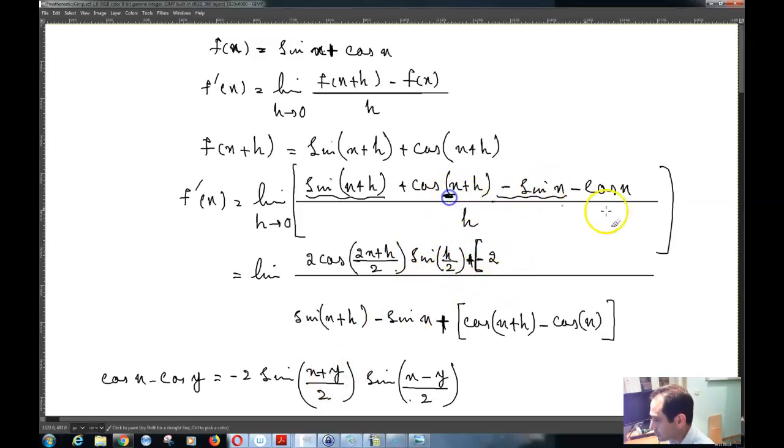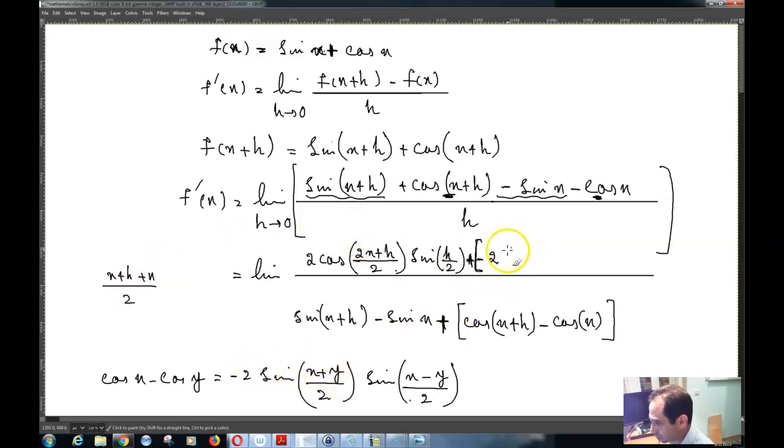So x plus y divided by 2 is x plus h plus x divided by 2, which is 2x plus h.